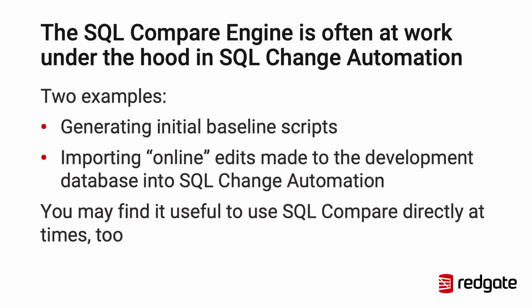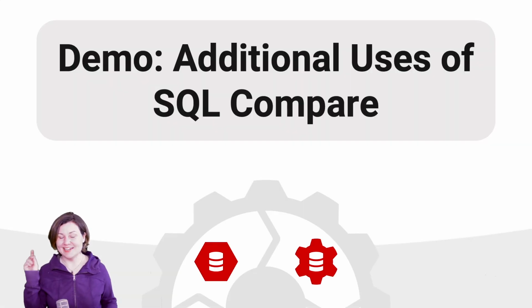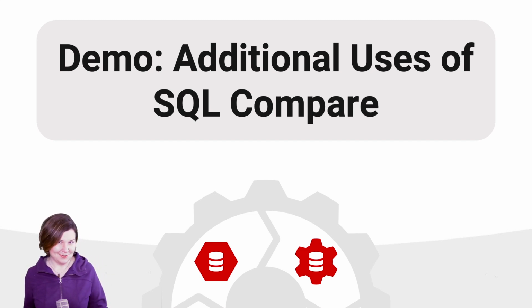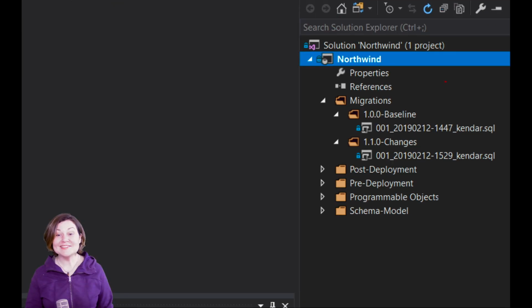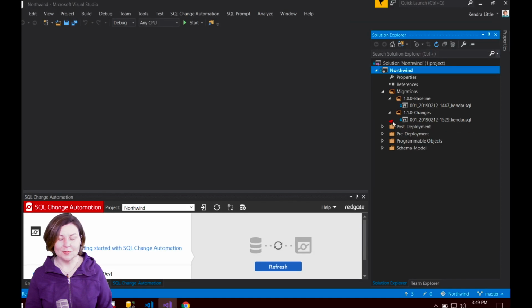It's at work a lot, but it can also be useful for you to occasionally use the standalone SQL Compare tool in conjunction with SQL Change Automation. Let's take a look at a demo of how that works with our Northwind solution. I have my solution with the Northwind sample database open here, and I have already been doing a little bit of work.